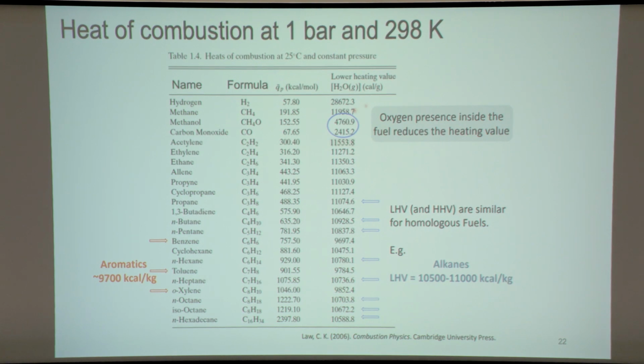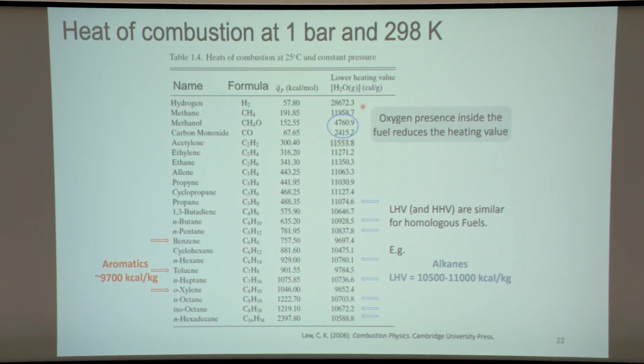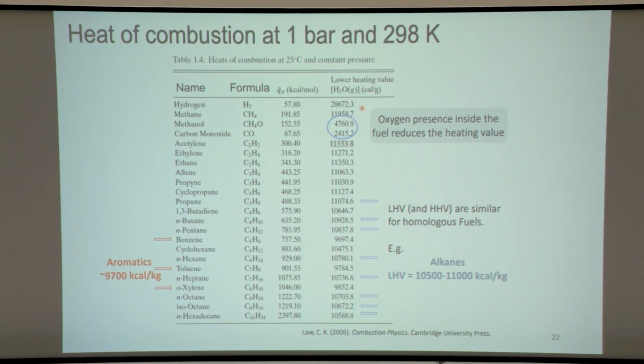Of course, the best fuel is hydrogen on a mass basis, 28,672 calories per gram, or kilocalories per kilogram, for the lower heating value of hydrogen. Methane is the second best, 11,958 calories per gram.